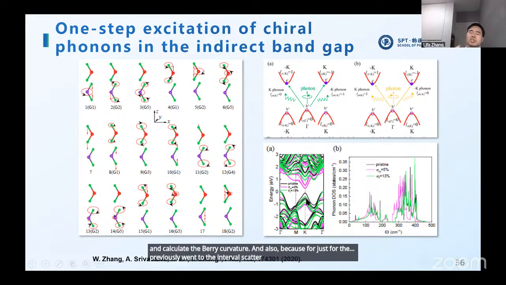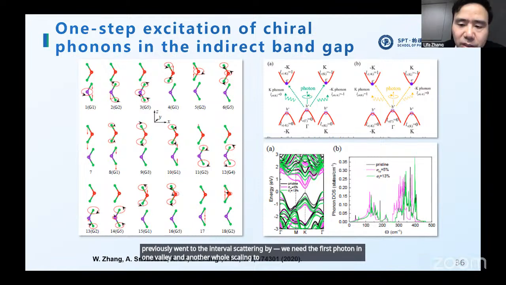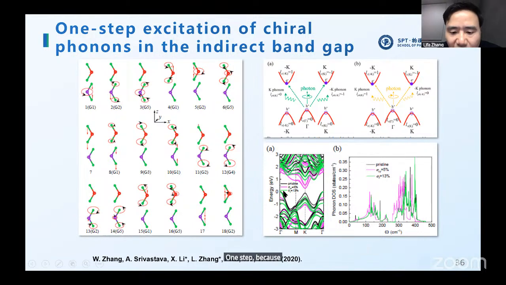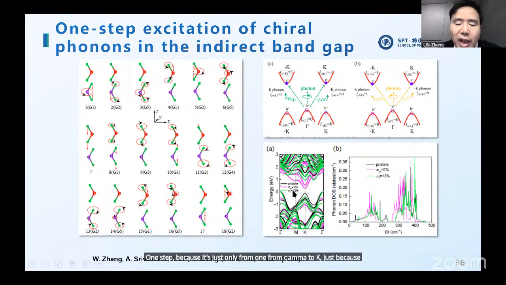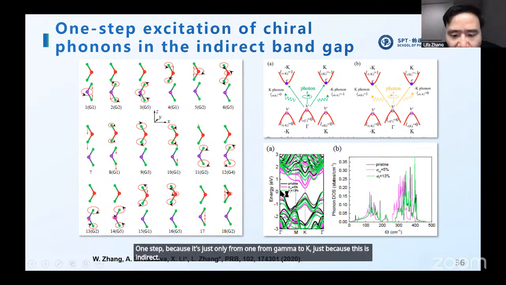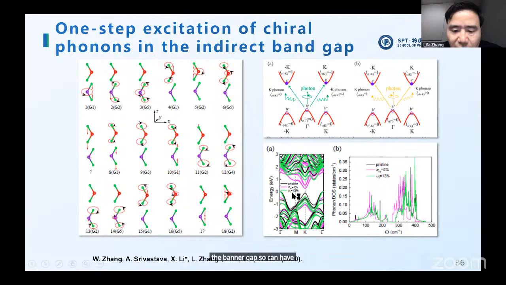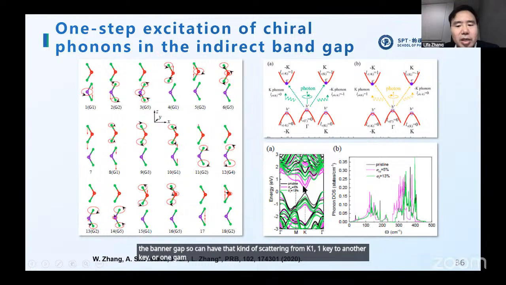Previously, for intervalley scattering, we needed to first excite a photon in one valley and then scatter to another valley. In the other valley, the phonon evolves in one step, from gamma to K, because this is an indirect band gap, so such scattering can happen from one K to another K, or from gamma to the K point.